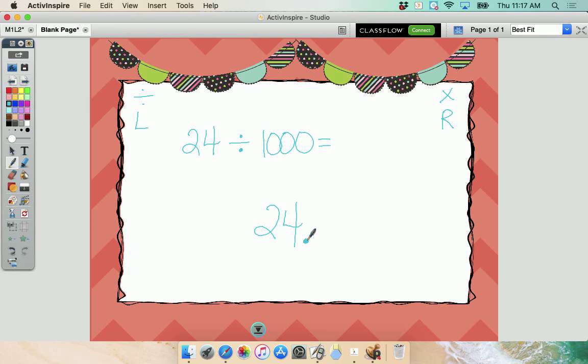Now, table 2, which way will I move the decimal for division? Left. How many? How many for 1,000? 3.